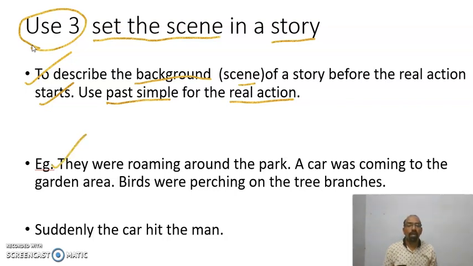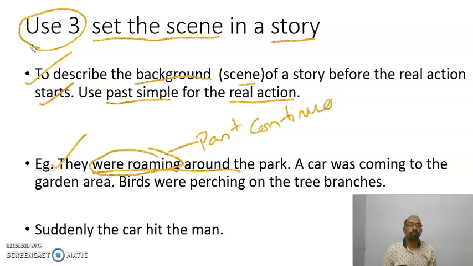They were roaming around the park. So, were roaming means past continuous. And a car was coming to the garden area.